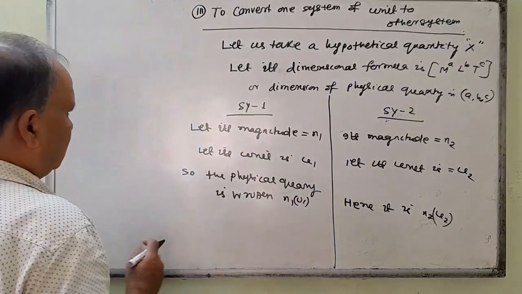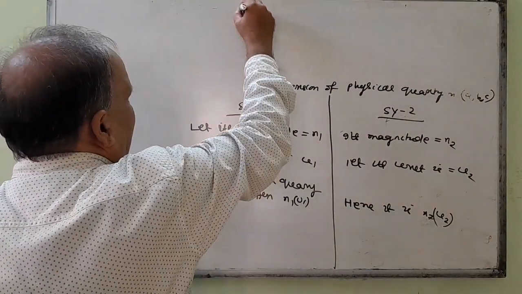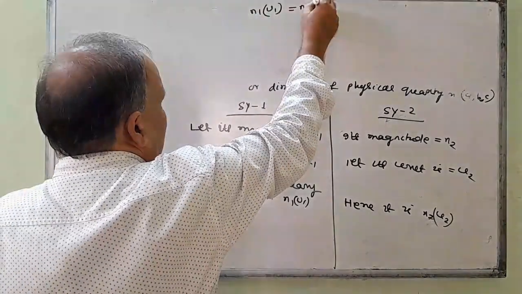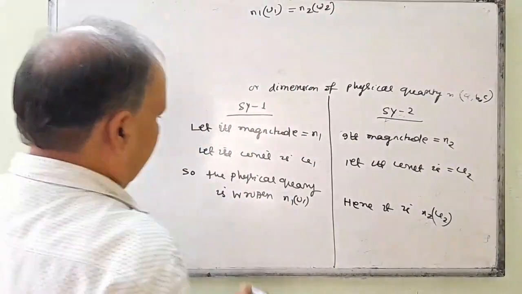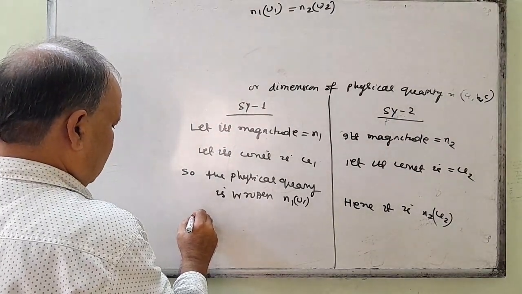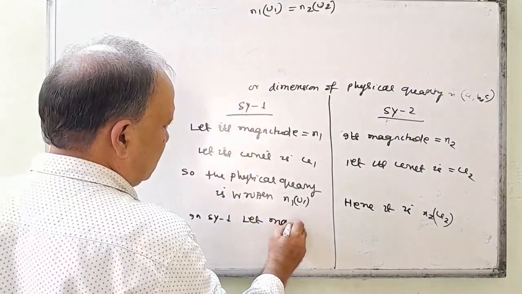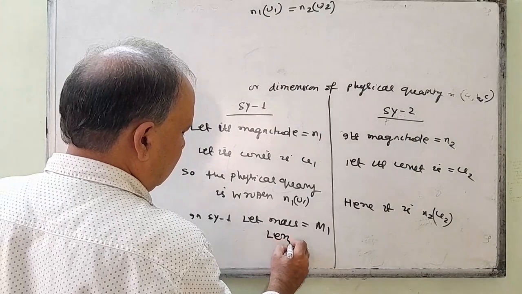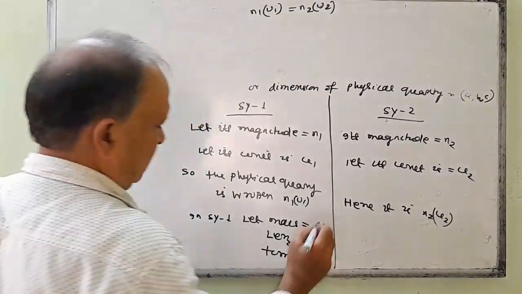But we know, n1 u1 is equal to n2 u2. Again, in system 1, let mass be equal to M1, length equal to L1, time equal to T1.